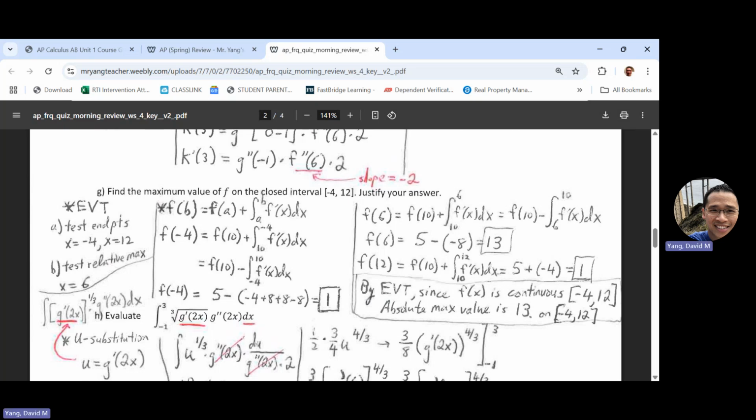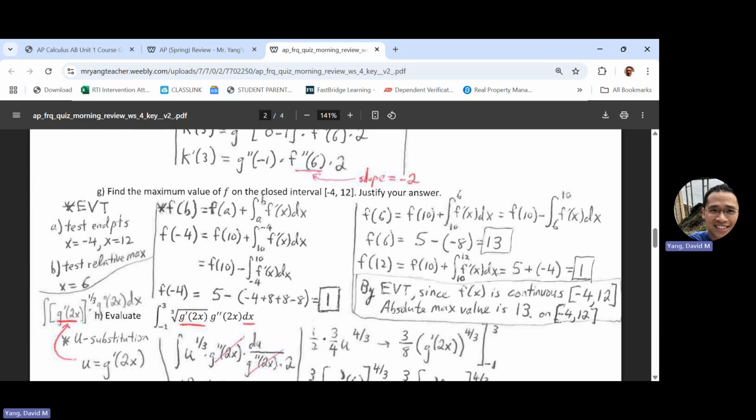Part H, if you see a messy integral problem, then you should consider U substitution. And if you're thinking, well, where's the U value going to be? It's going to be in your set of parentheses. But the 2x is a little bit too small. We need to create a larger set of parentheses, and that's going to come in the form of that G prime of 2x. We're going to surround that G prime of 2x with parentheses to the 1/3.